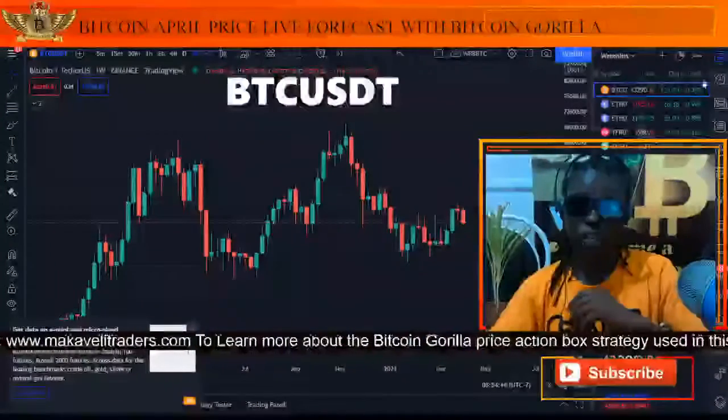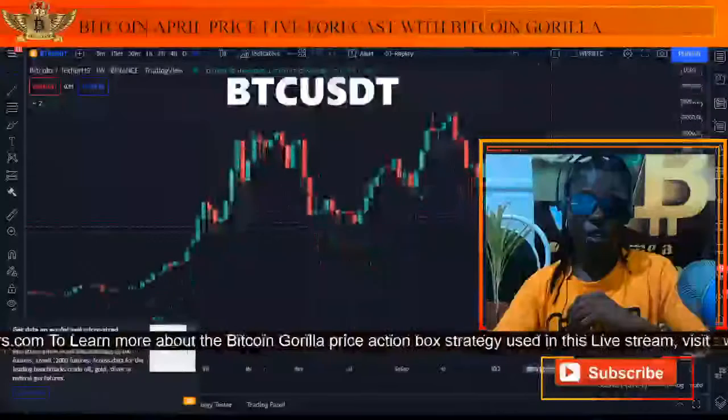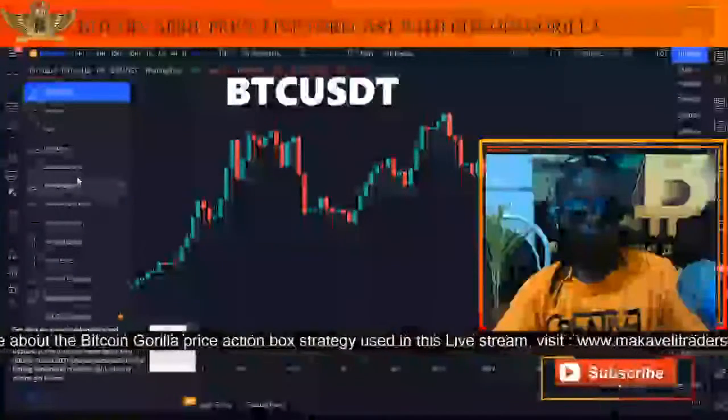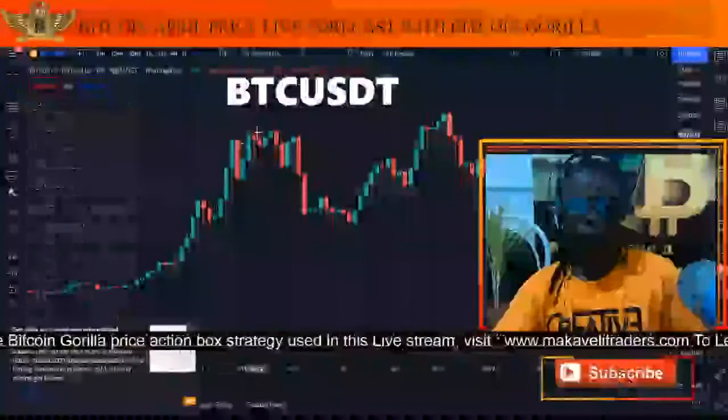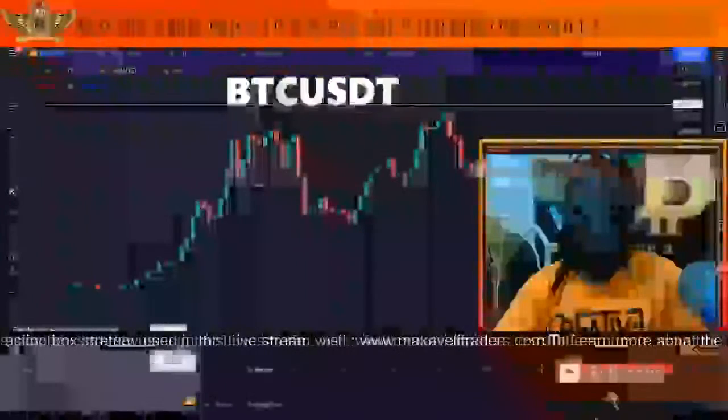So I'm going to be drawing the chart using the Bitcoin Gorilla box. I'm going to try to get the support and resistance, the obvious ones in your face kind of support and resistance.